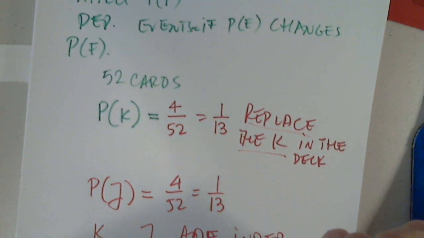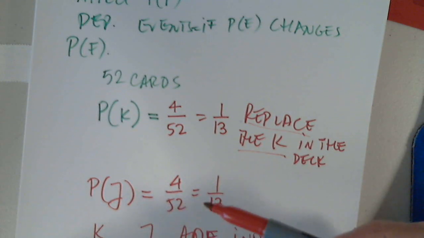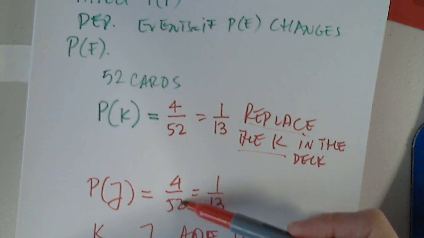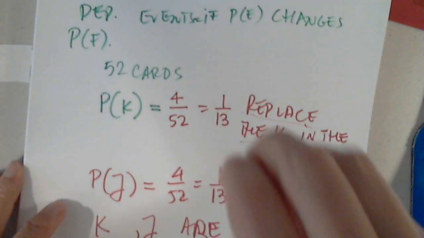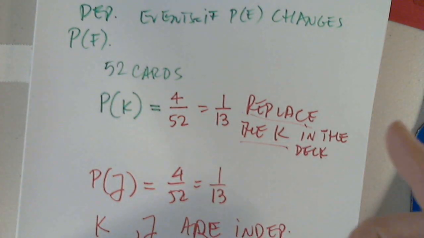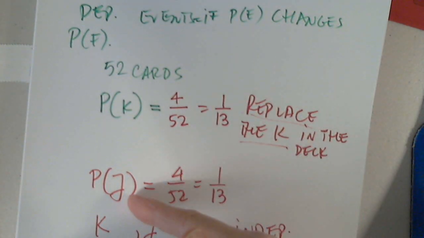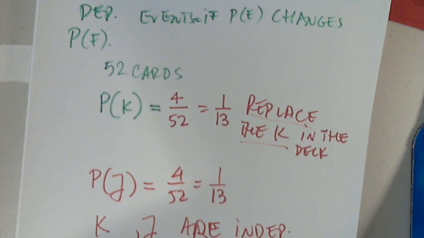I shuffled, and now I'm asking myself, what is the probability that I select a jack out of the deck? Still 4 over 52. These two events are independent. How come? The fact that on the first trial, I selected a king or I didn't select a king, it doesn't matter. The second trial, when I selected a jack, it didn't matter whether I selected a king the first time or not.